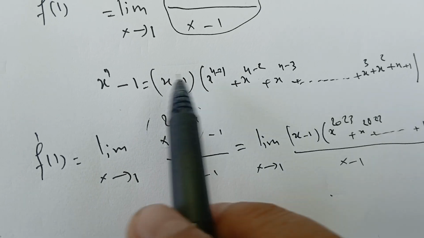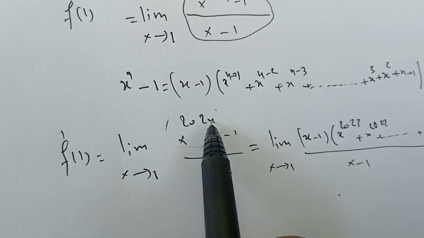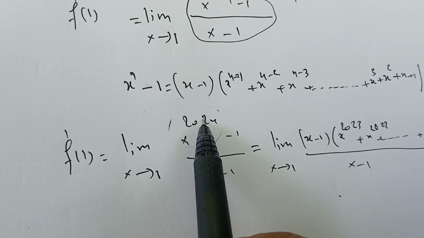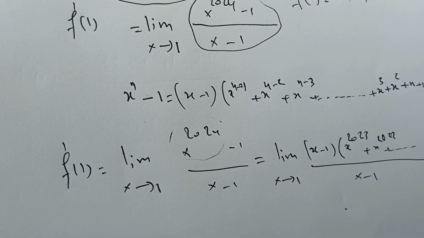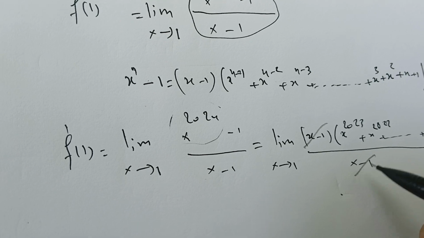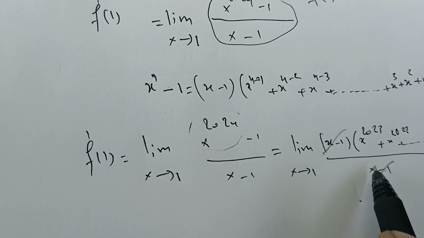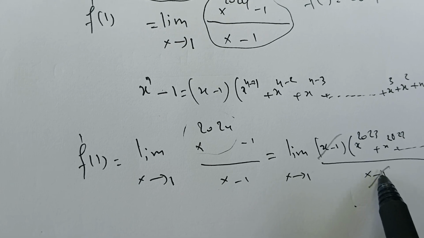I'm using this one by taking n equal to 2024. Now I can cancel x minus 1 over x minus 1. It's different from 0. Why? Because I don't get to 1, I'm close to 1. So this one is always different from 0.